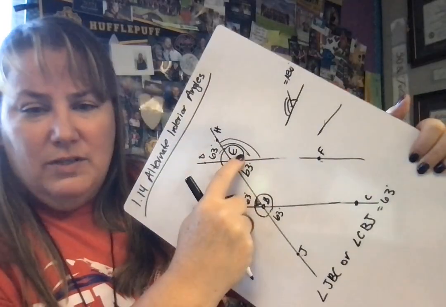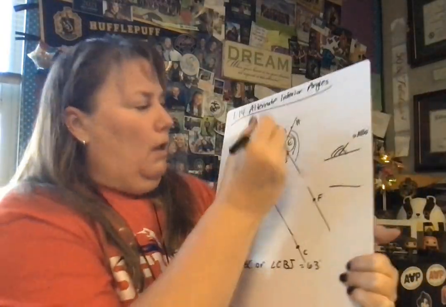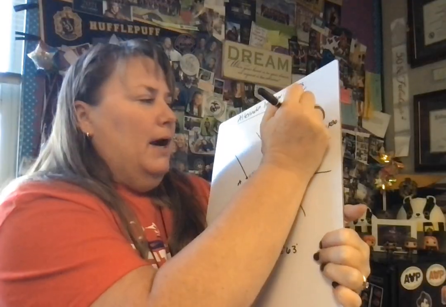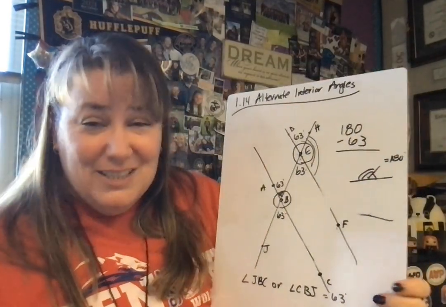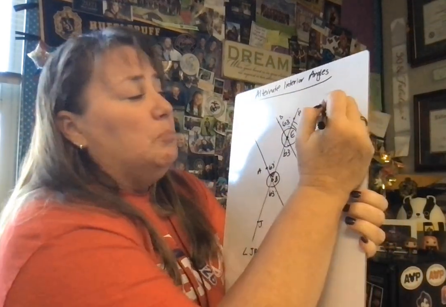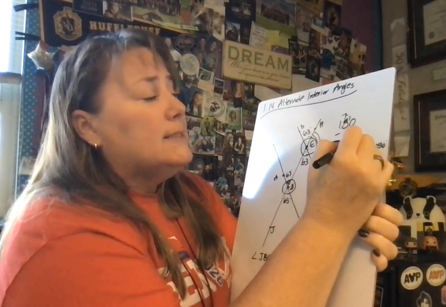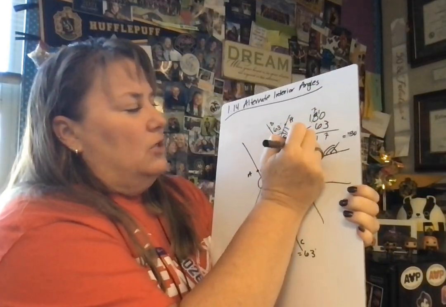Sorry. This angle and this angle have to add up to 180 degrees. How do you get that? 180 minus 63. Okay. You guys actually kind of got yourselves a head start when you did that activity. You have to go borrow 7, 11. Okay. So this angle is now 117 degrees.